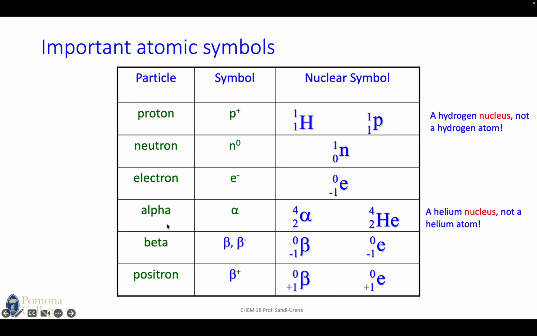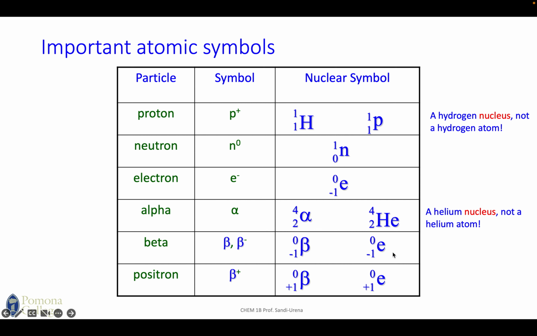So when we talk about an alpha particle, we can represent it as an alpha, or we can represent it as He, the chemical symbol for helium, understanding again that we're not representing the atom, but we're representing just the nucleus of helium. And it may be a little bit easier to see when we're writing the nuclear equations if we use He, the atomic symbol.